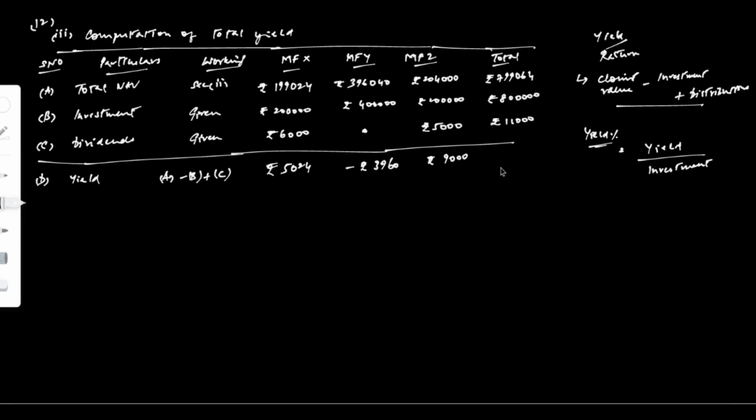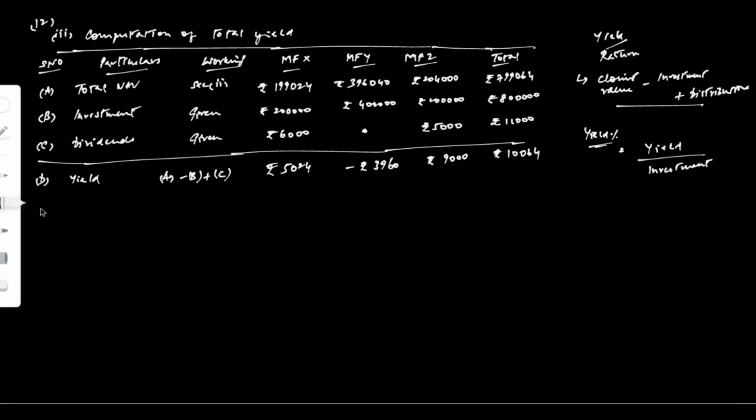What is the total? It is 799,064 minus 8 lakh plus 11,000, that is 10,064.